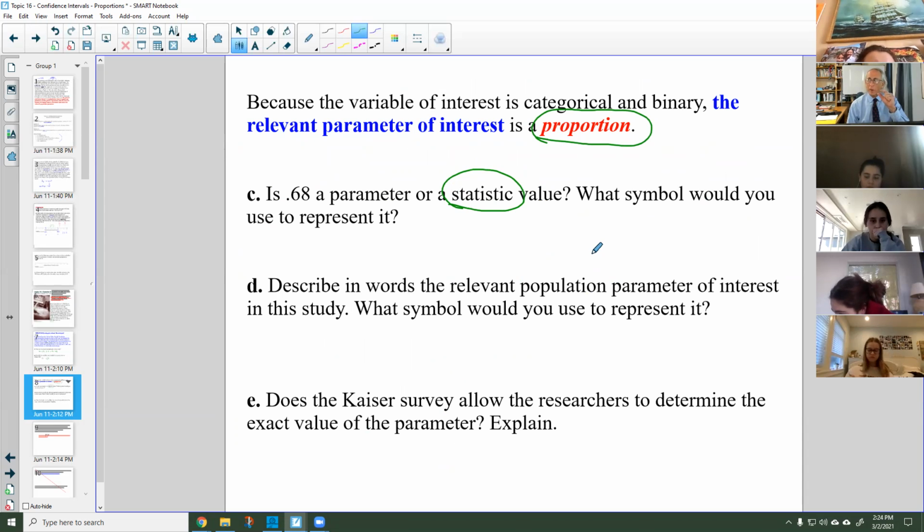You're very close. It's from a sample. It's not just because it's a number. If we conclude that the population has a 0.68 television in their room or not, that's a number, but that's a parameter. But we got that 0.68 from our sample. Okay, what symbol am I going to use, Brooklyn?